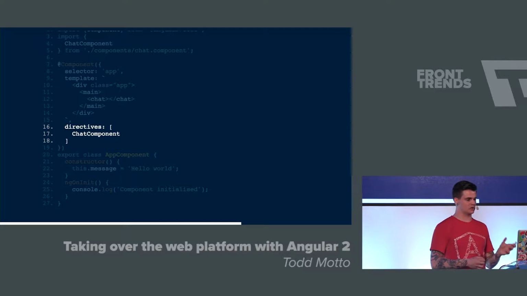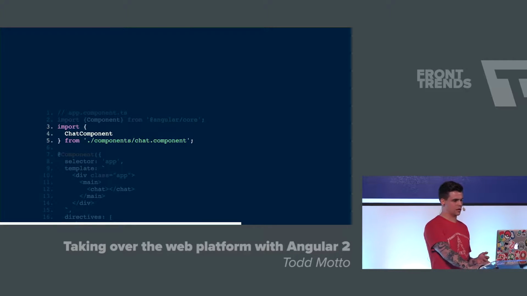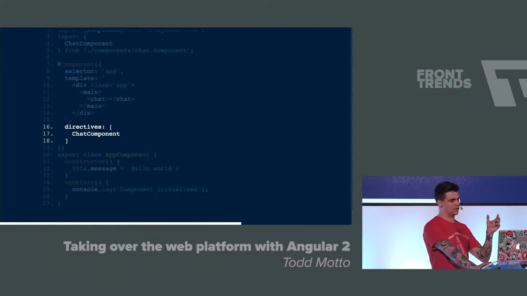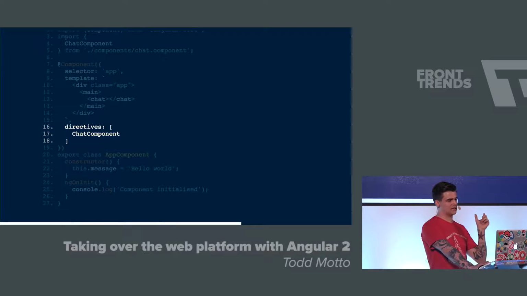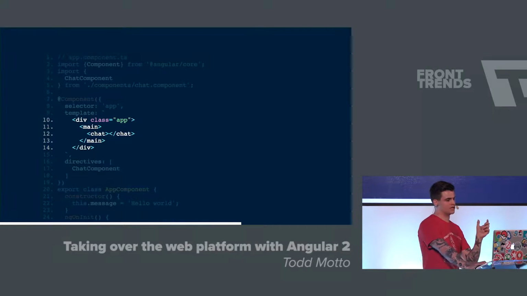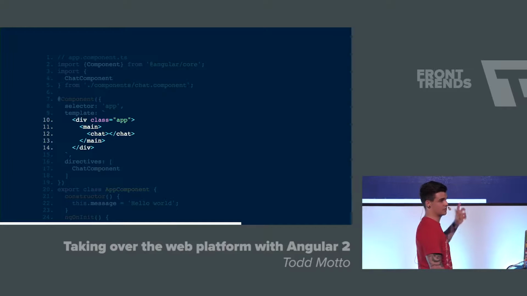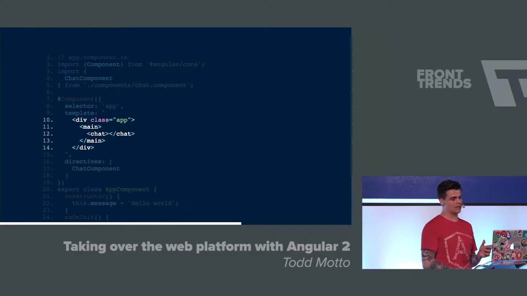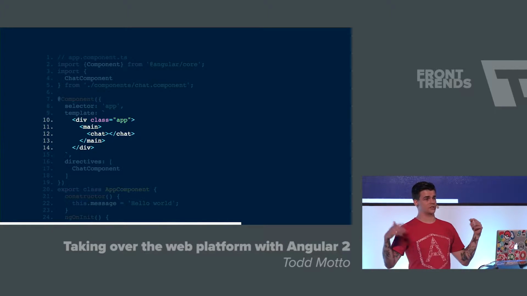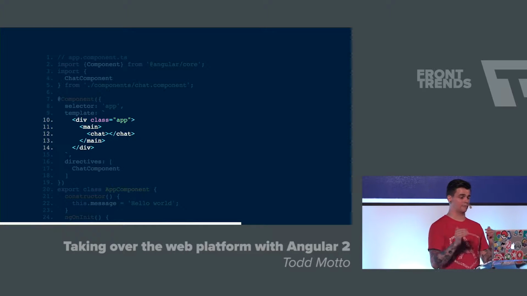This is much more explicit. So just to run through that, we import the chat component. We basically tell the metadata that we want to use that chat component in the specific template, which, as you see, I've added a main tag, which is just an HTML5 element. And then inside that, I've just put chat. So that's just going to inject our chat component in there.